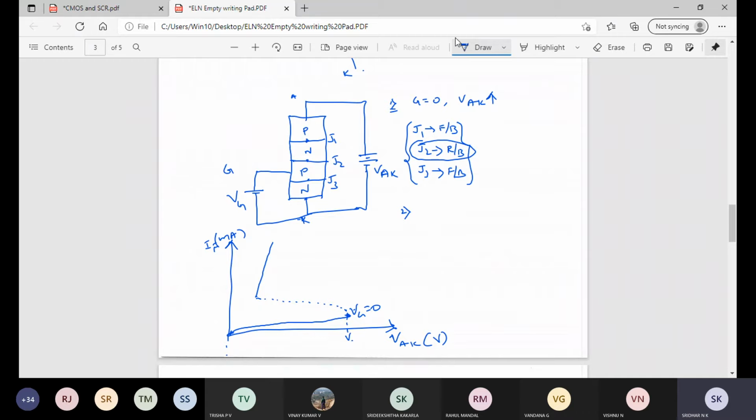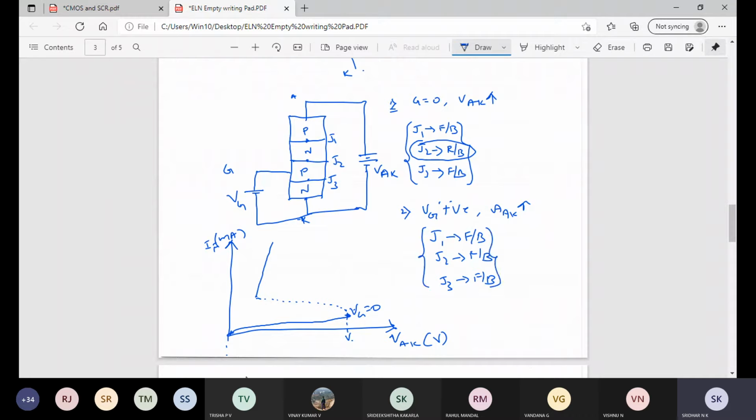Now the junction J3 will be forward biased. So for Vg positive and VAK varying in steps, if I analyze the junctions, junction J1 will be forward biased, junction J2 will also be forward biased because of this Vg, and junction J3 will also be forward biased. So all the junctions are forward biased.